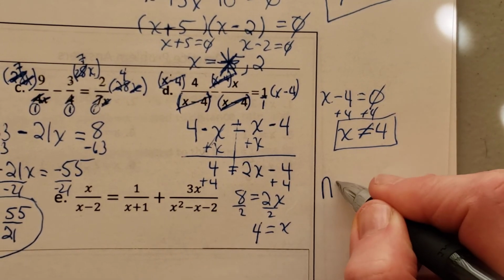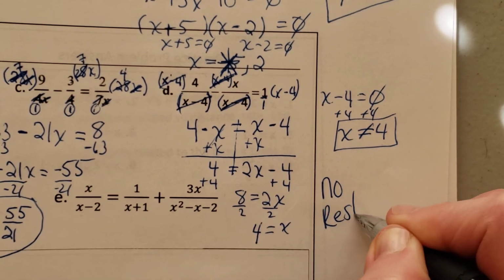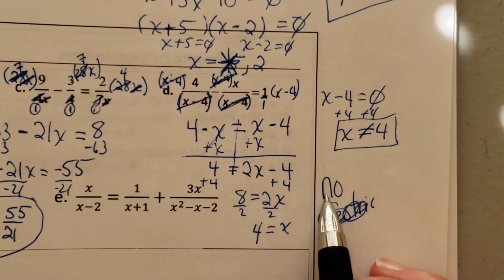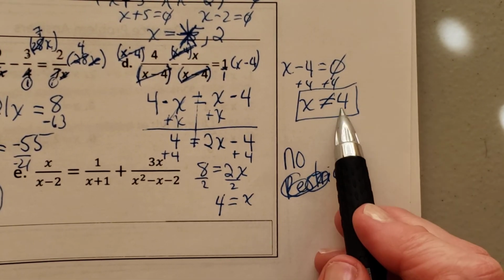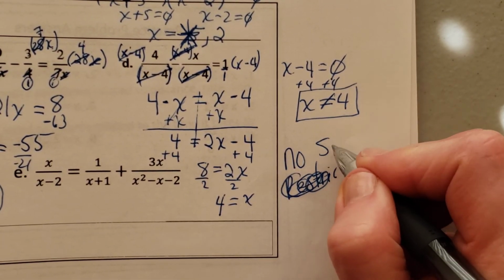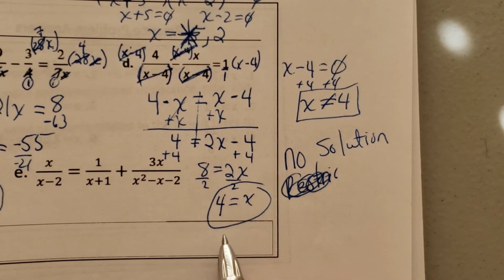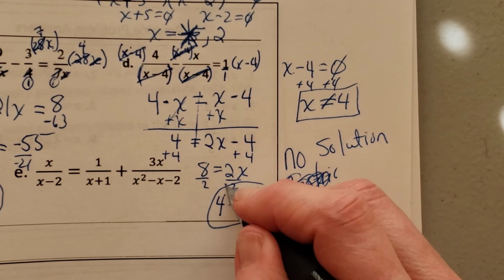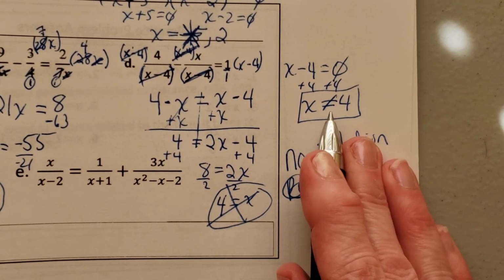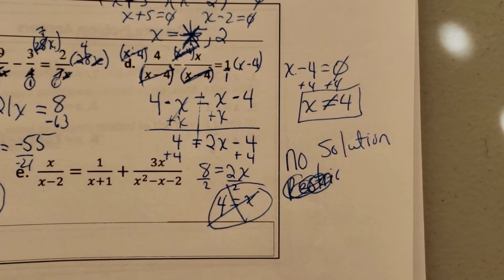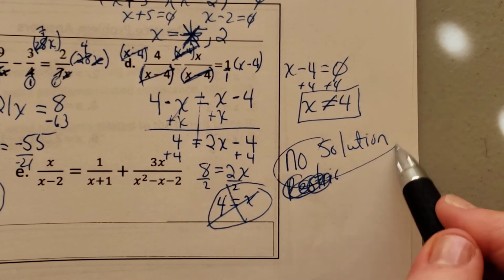So the answer for your test, excuse me, I was about to write no restriction, but that's not right because we have a restriction. But the answer is no solution. Because even though when we solved it we got 4, this cannot be an answer. Because it would make our rational expressions undefined. So the answer is no solution.